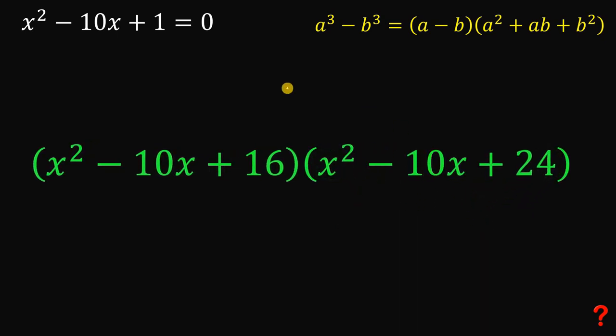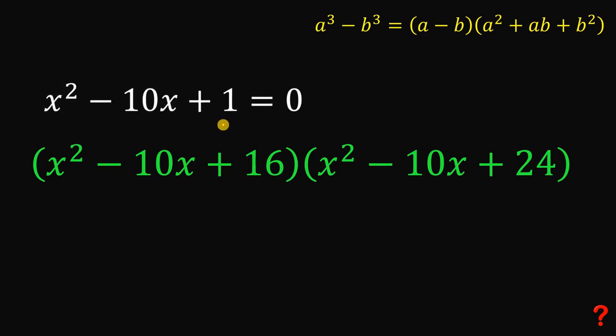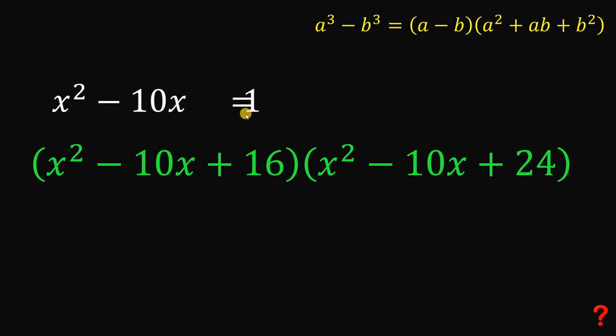Now, we will use the resulting equation that we found earlier. So, x squared minus 10x plus 1 equals 0. Now, what will happen if we subtract 1 on both sides? We get that x squared minus 10x must be equal to negative 1.